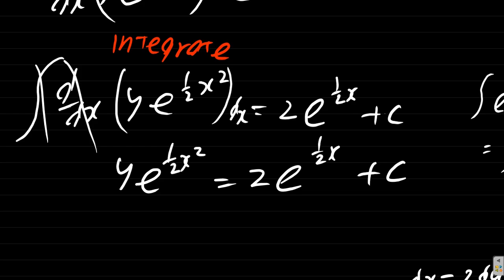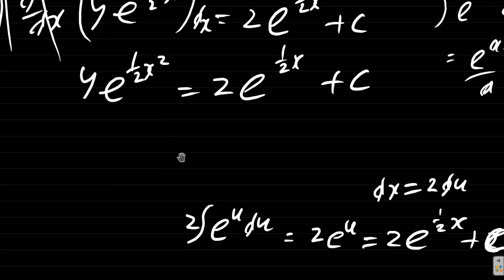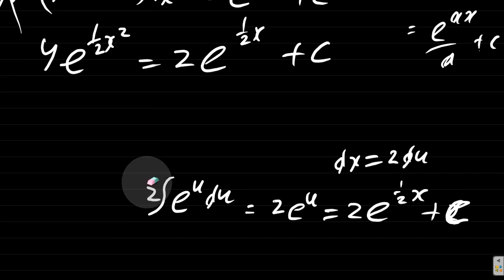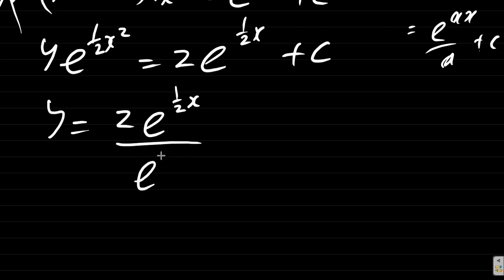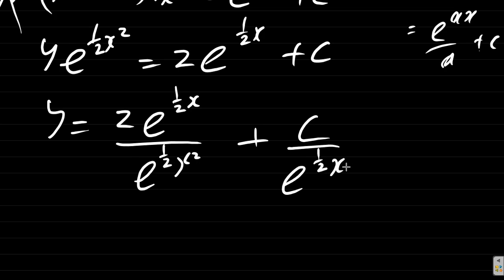We want y, so let's divide both sides by e to the half x squared. So y is equal to 2e to the half x over e to the half x squared plus c over e to the half x squared.